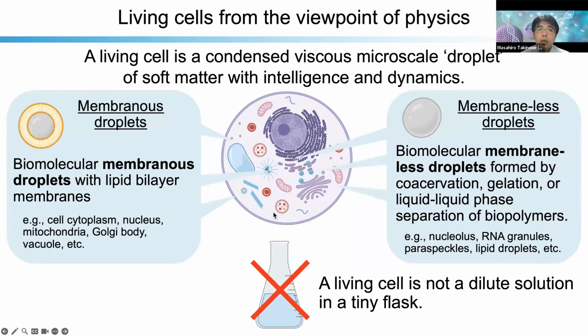In bridging the gap, it must be noted that cells are not merely a diluted solution in a flask. The living cell is a condensed, viscous, micrometer-scale droplet of biological soft matter. Actually, we can find droplet-like structures everywhere in living cells.